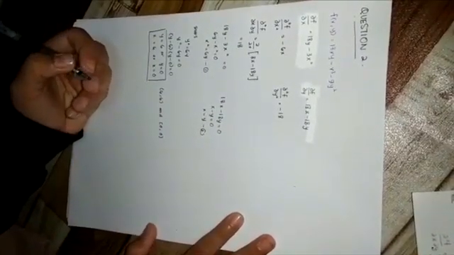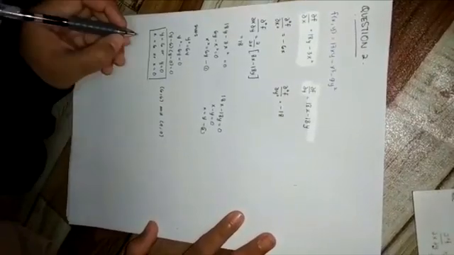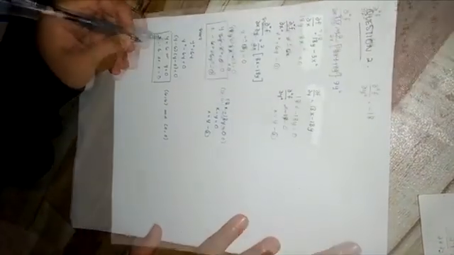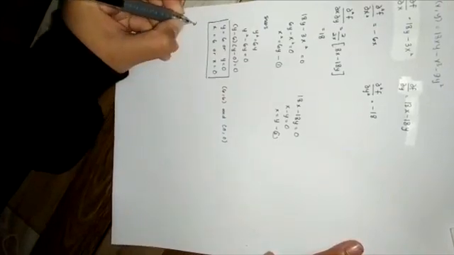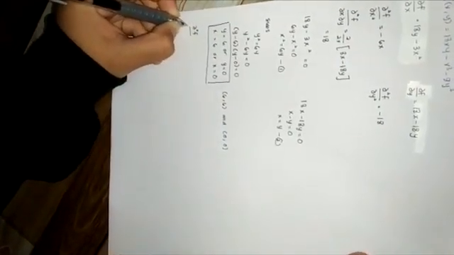To find the local extremum, substitute the coordinates into the second order partial derivative.